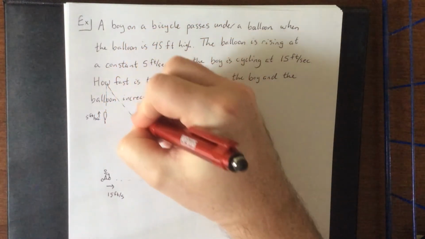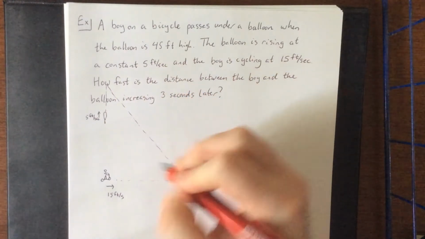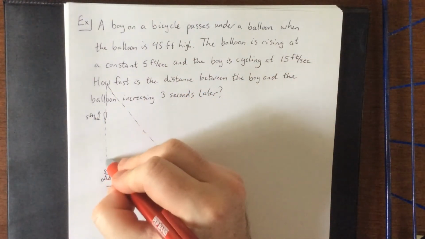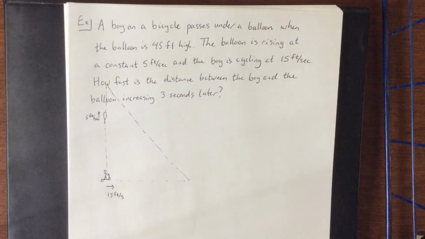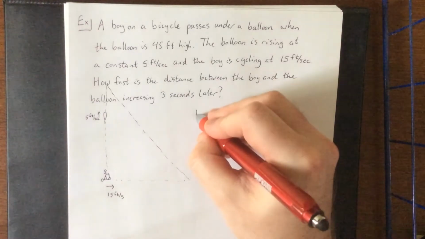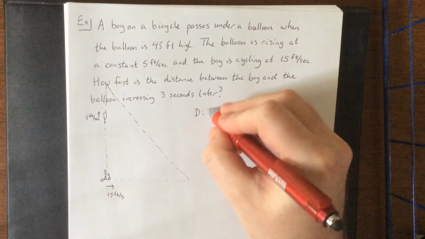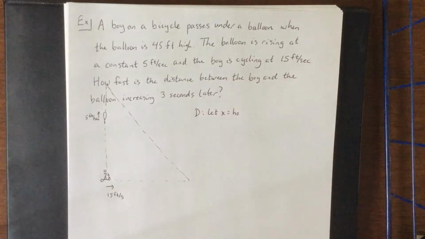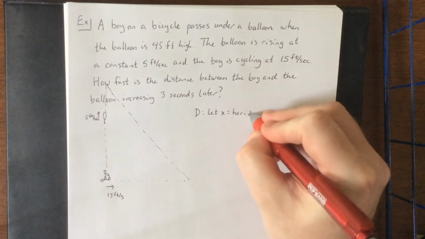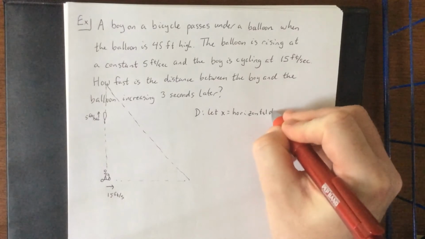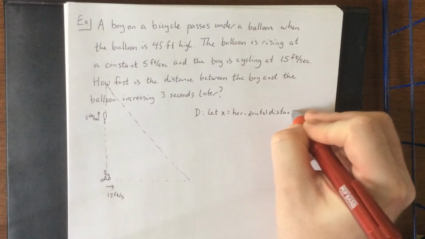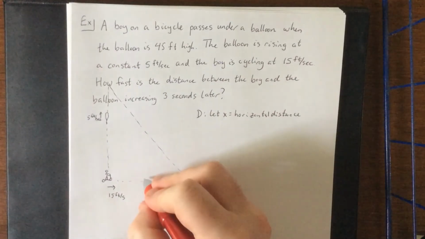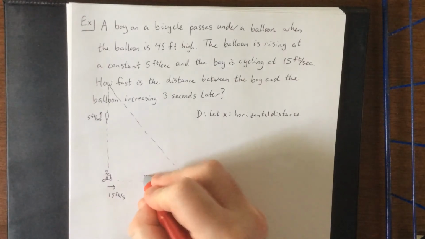Now, we are being posed a question about the distance in between the boy and the balloon. You'll notice that all this is doing is creating a big old right triangle for us. So I'm going to have us start with D, define, and say let x be the horizontal distance traveled by the boy. That'll represent this side of the right triangle right down here.